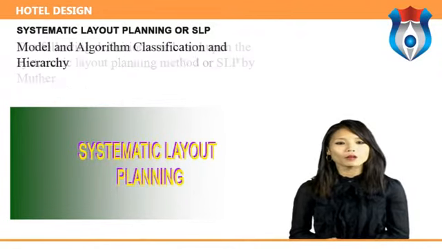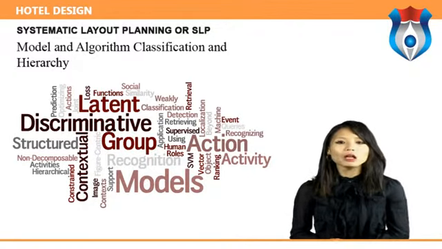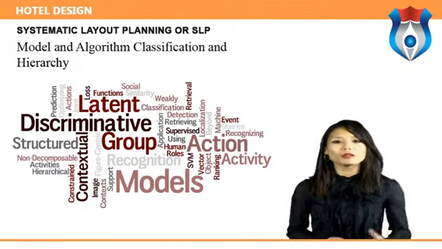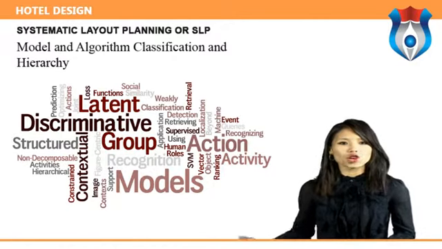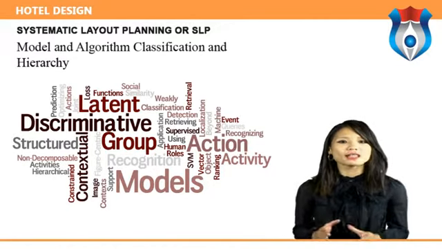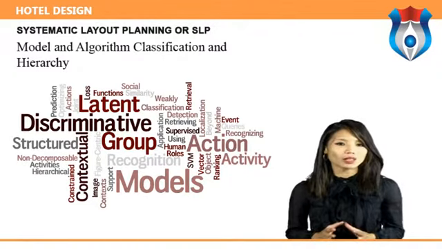Model and algorithm classification and hierarchy. The theoretical layout models and their solution algorithms can be classified and organized based upon their properties. Graph-based models generate an adjacency graph, while area-based models generate a conceptual block layout.